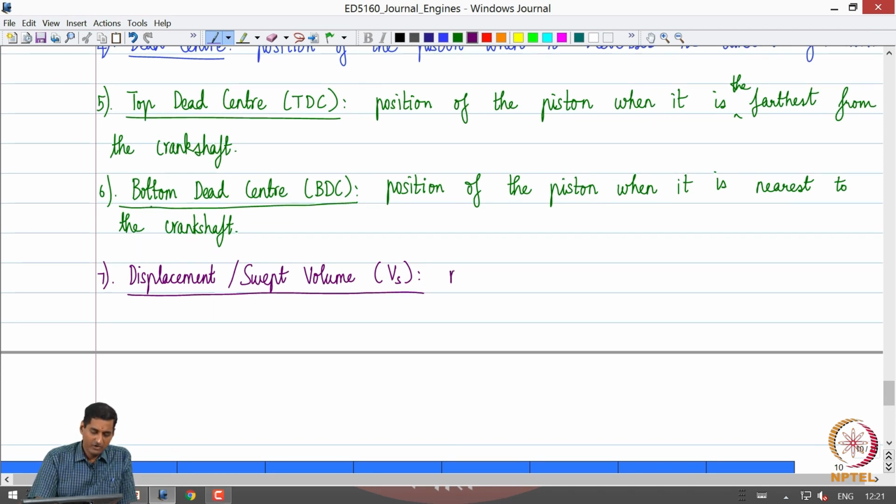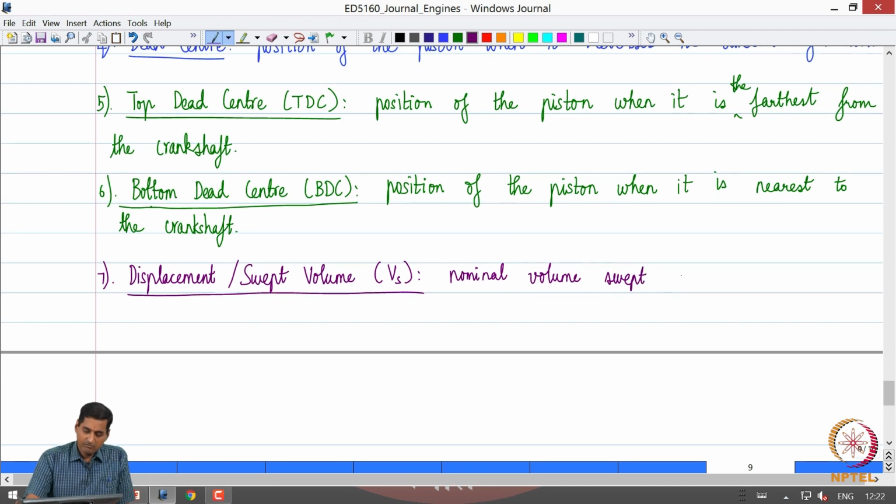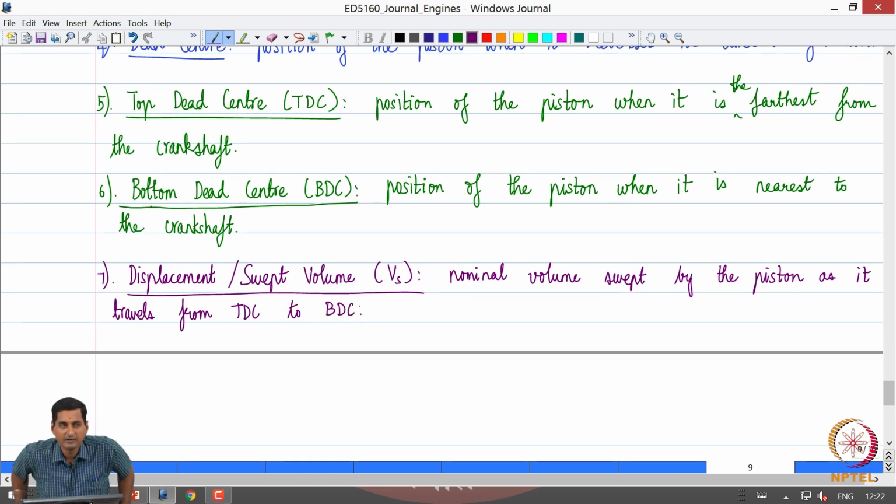It is the nominal volume swept by the piston as it travels from TDC to BDC. Okay. So, that is the definition of the swept volume.